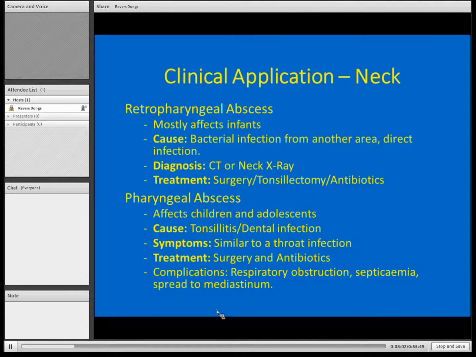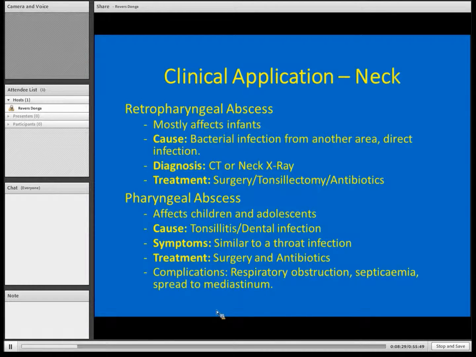If there is a space in the retropharyngeal area more than half the size of a C2 vertebra, it indicates an abscess. Causes: bacterial infections from the nasopharynx, tonsils, sinus, adenoids, middle ear, basically anything in the head and neck. It's such a compact space that infections can travel from anywhere to anywhere.